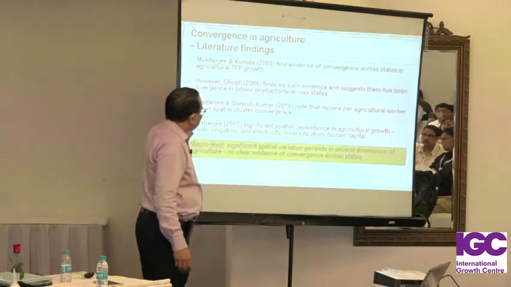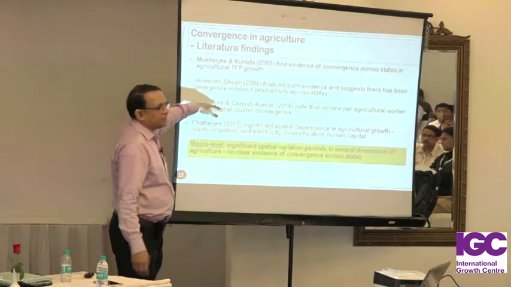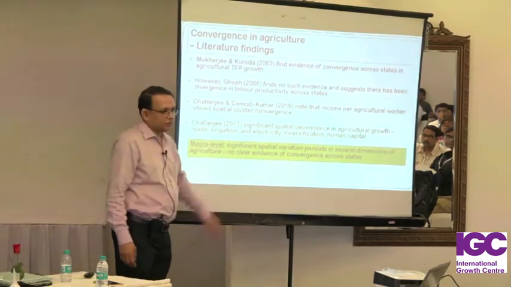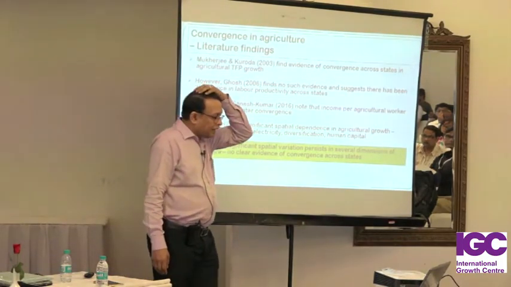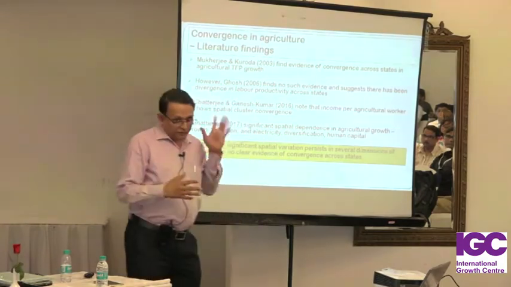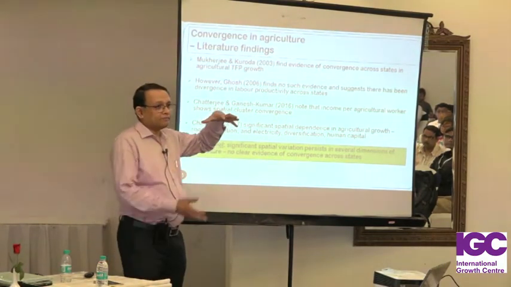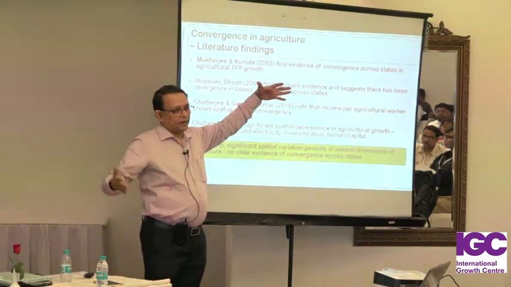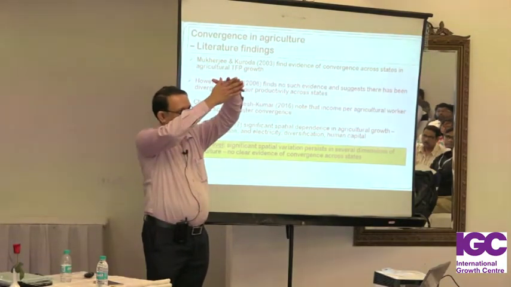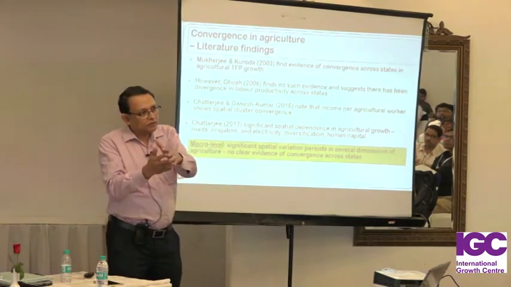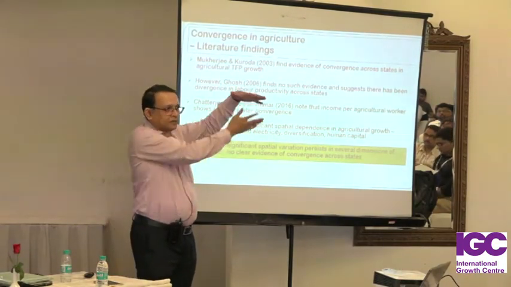Now, this one is what I am going to talk about in my next lecture, so don't bother about this much. In the convergence literature, do all states converge or not? If they don't converge, then do they converge to some clusters?